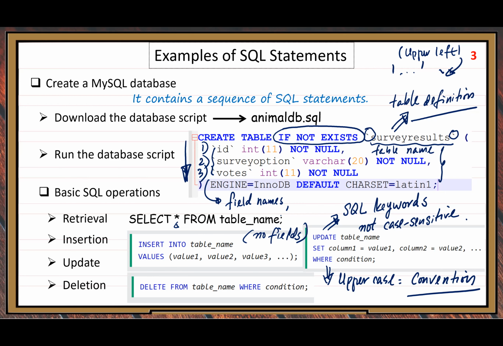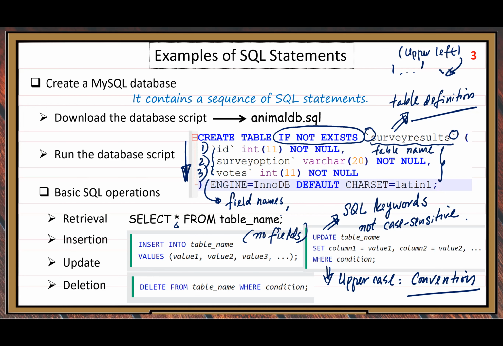Do you have any restrictions when you select those names? Think about if your table name or your field name happens to be an SQL keyword. What would happen? Is that possible?